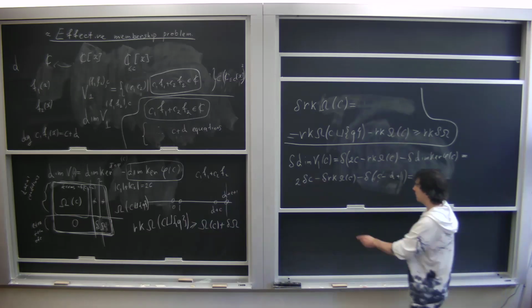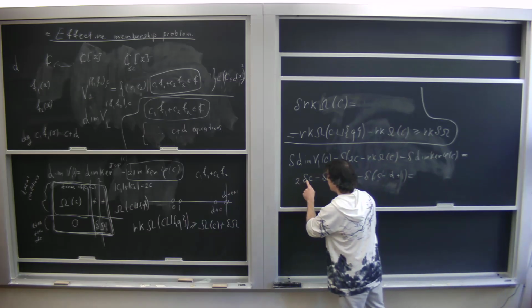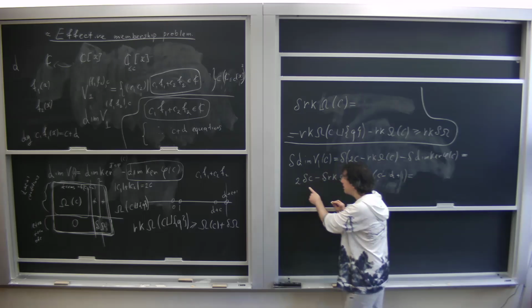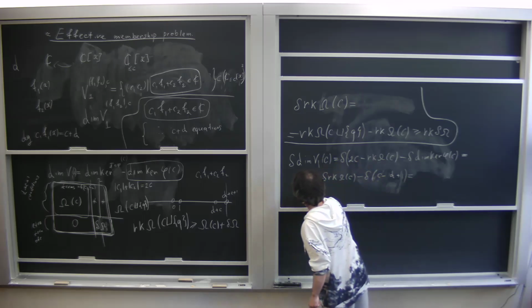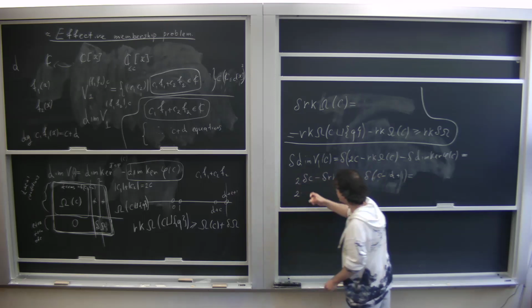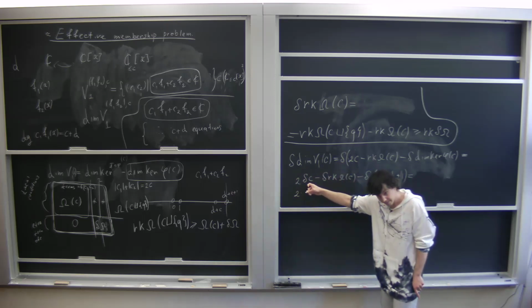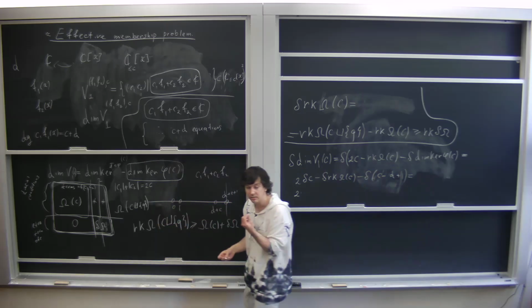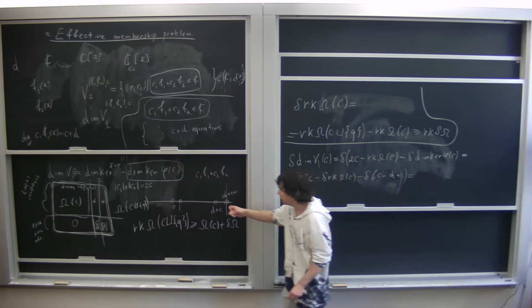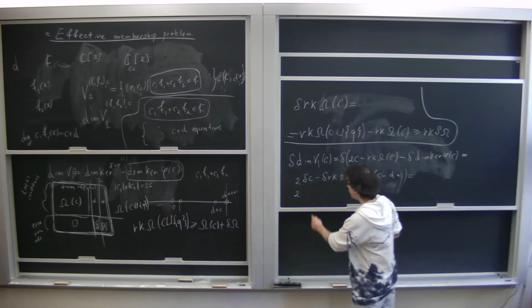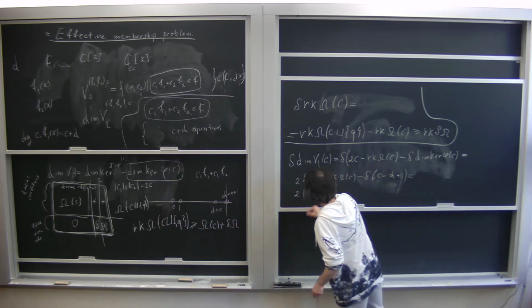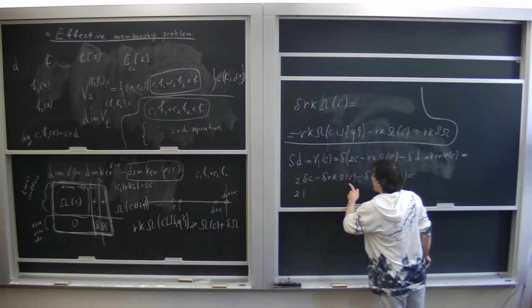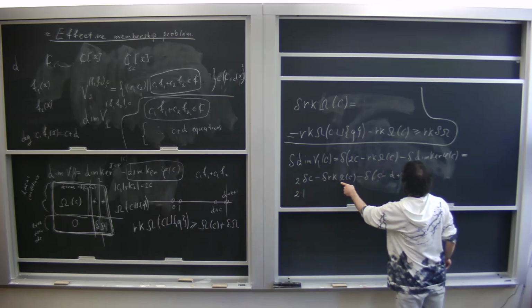delta C is just 2 because delta C is 1. We have added one single term to each of C. So delta C is 1, minus delta of the rank.